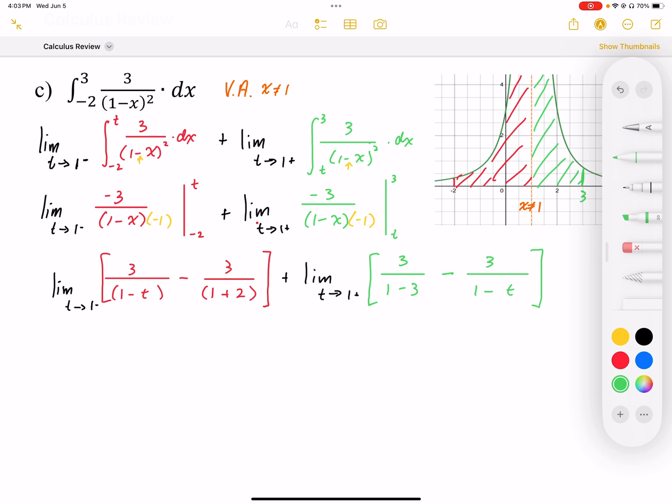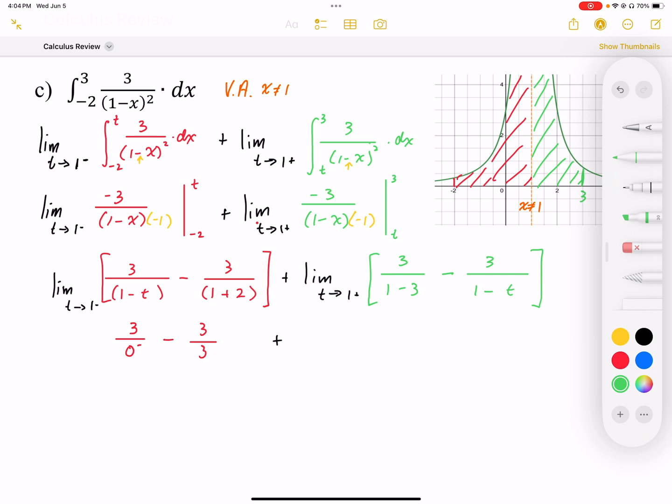Okay, so I'm going to now evaluate my limit. I'm going to plug the 1 into my expression. I get 3 over 1 minus 1 is 0, and I'm approaching 0 from the negative side, minus 3 over 3, and then plus, I'm going to evaluate this limit as well.